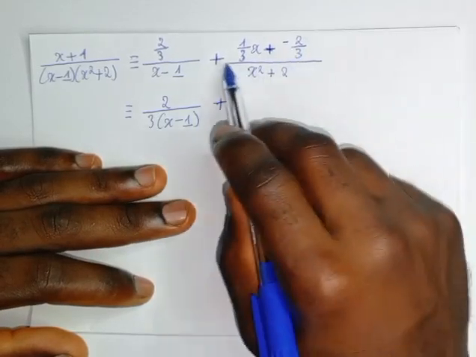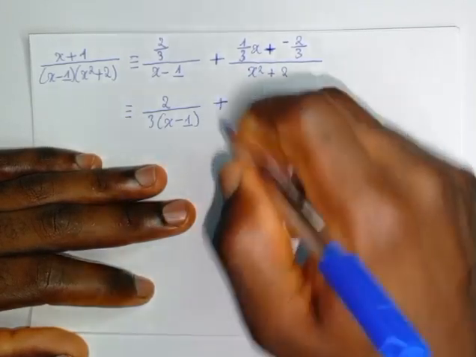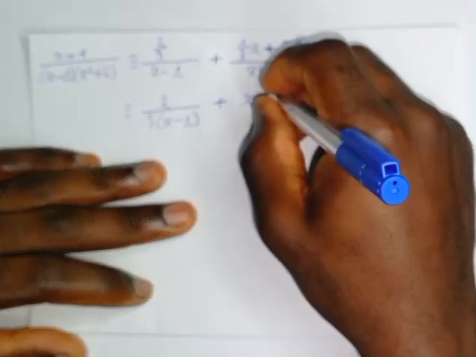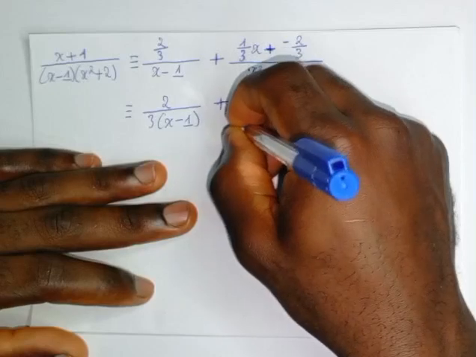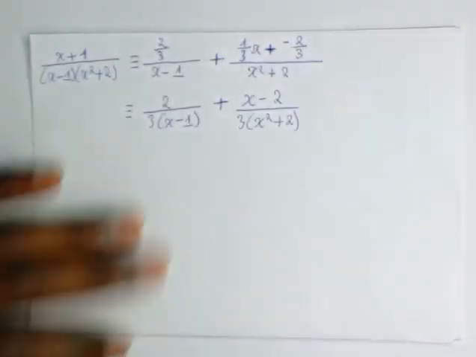These two fractions, they have a common denominator, which is 3. We are going to send down the 3, and the numerator will be left with x minus 2 on 3 times x squared plus 2.